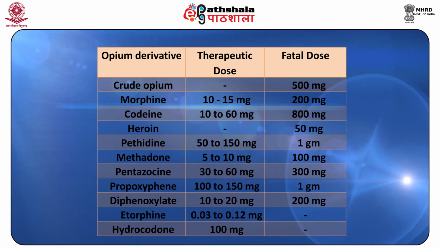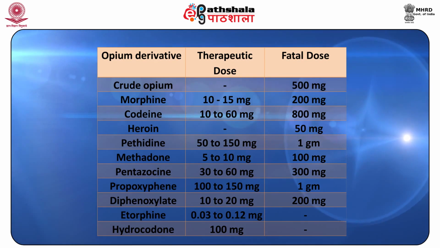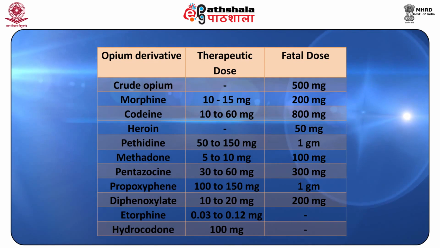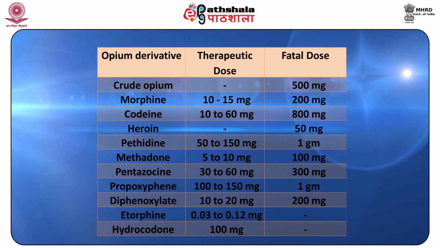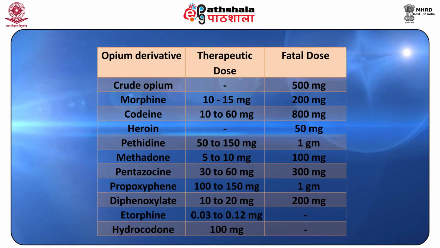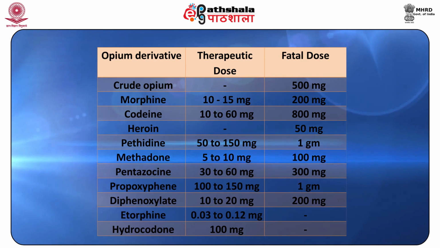Next we have the atropine. Atropine has the therapeutic dose 0.03 to 0.12 mg. And the last, hydrocodone. Hydrocodone has the therapeutic dose, or again medicinal dose, 100 mg.